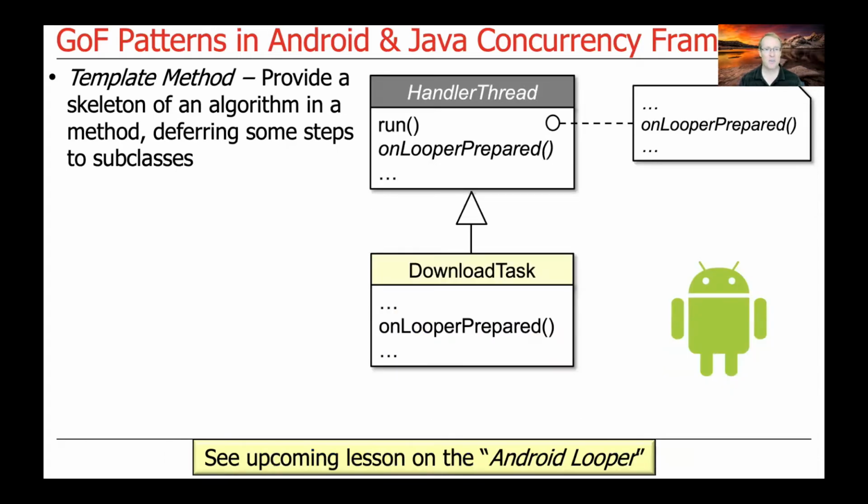And this particular pattern shows itself quite dramatically in something called the HandlerThread class, which is something we'll describe in the context of the Android Looper. HandlerThreads are going to have their own thread of control, and they're going to use the template method pattern in order to have this hook method called onLooperPrepared that gets called back to initialize the HandlerThread when it's about to start running.